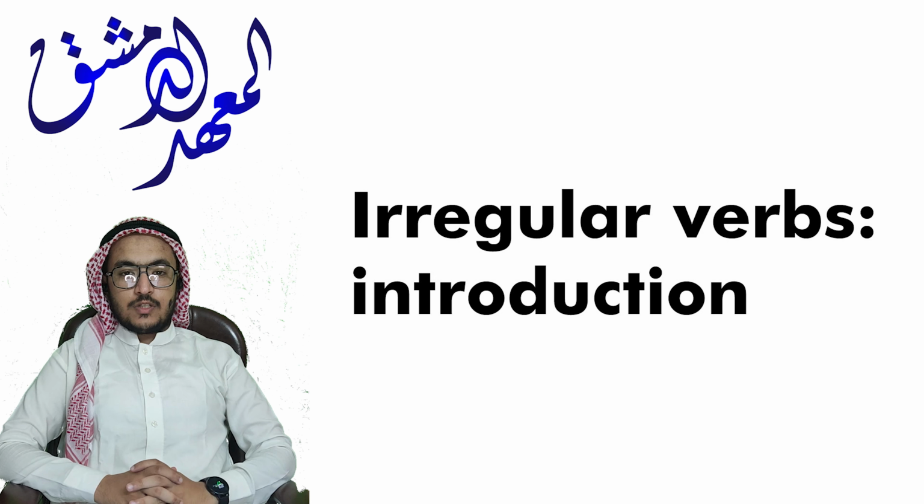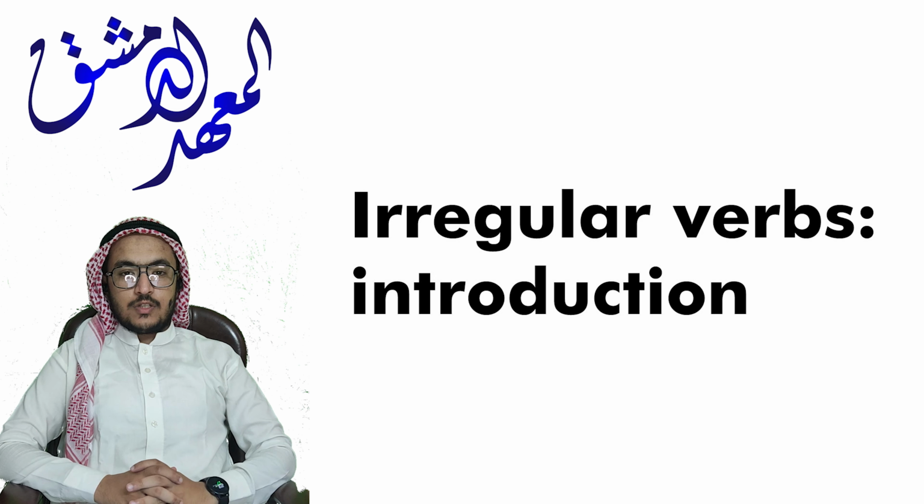In the previous lesson, we learned about the regular verbs, and now we'll be learning about irregular verbs. The irregular verbs in Arabic can be defined as the verbs that act differently from the basic patterns in all or some cases. Unfortunately, for most learners, Arabic has many irregular verbs, and these may fall into three categories.